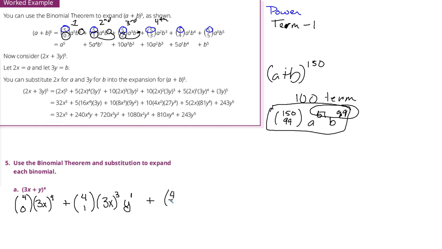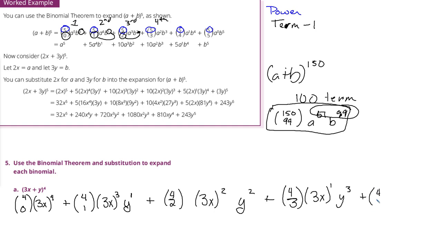Then 4 combination 2, my 3x raised to the 2nd power, and then y squared. 4 combination 3, 3x to the 1st power, y cubed. 4 combination 4, we have 3x to the 0 power, y to the 4th.